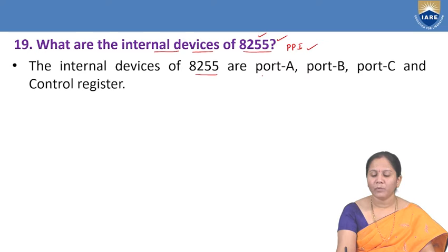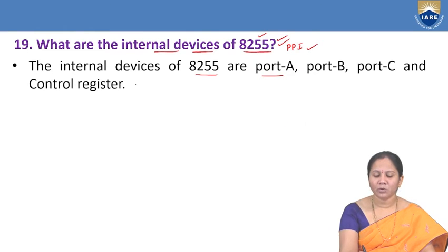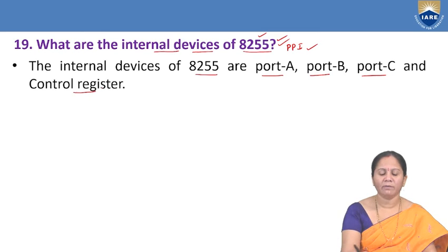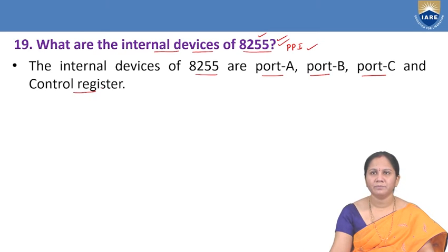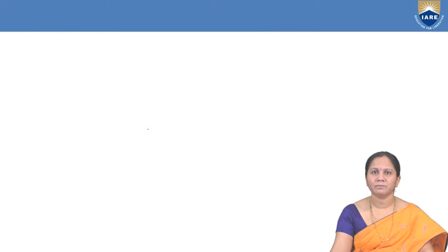One is port A. We know that 8255 has 3 ports, each port is 8 bits in size, and all the ports are bidirectional, that means they can act as both input port or output port. So the internal devices of 8255 are port A, port B and port C, along with the control register. The ports can be programmed for either input or output function in different operating modes.